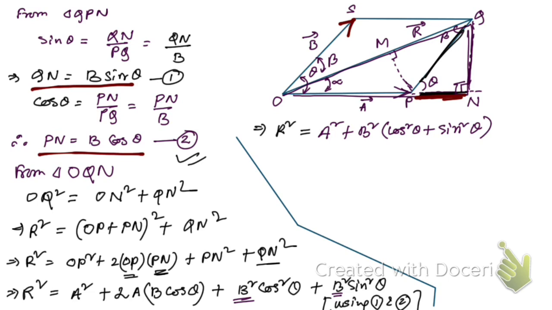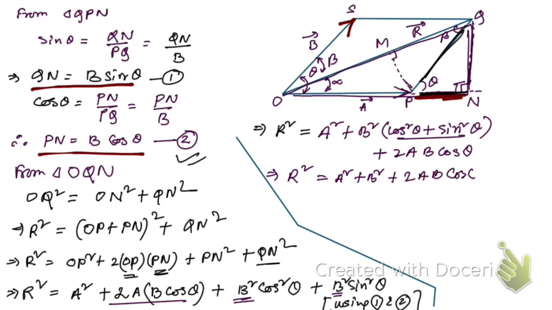Then let me write this term, plus 2AB cos theta.